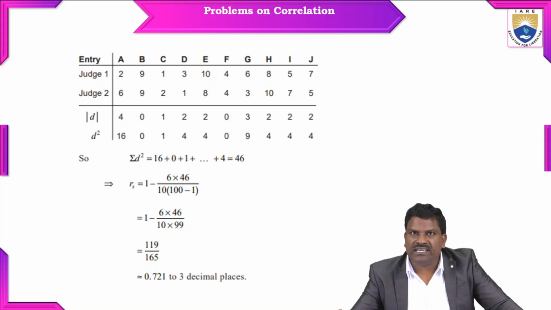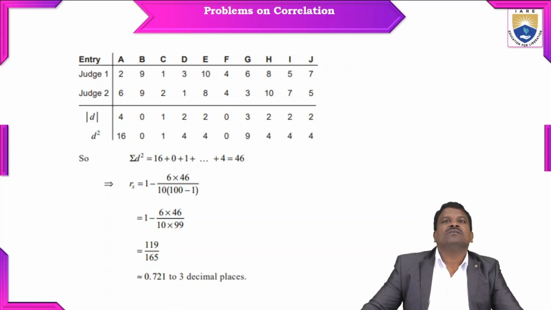Like that, take the difference, take its modulus, and square it. So they become 16, 0, 1, 4, 4, 0, 9, 4, 4, 4.